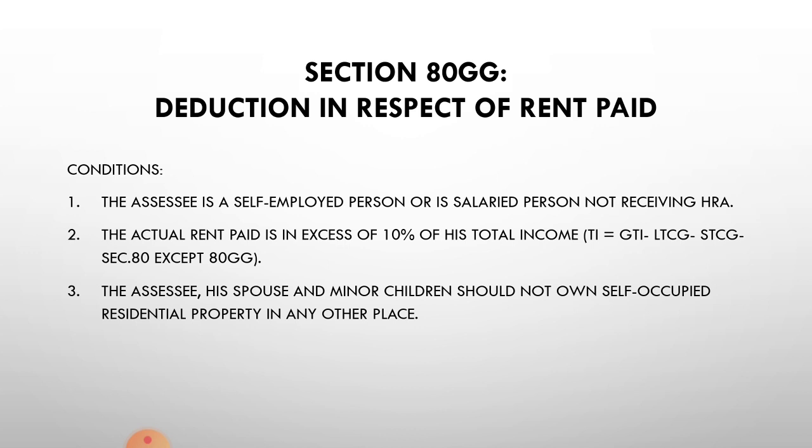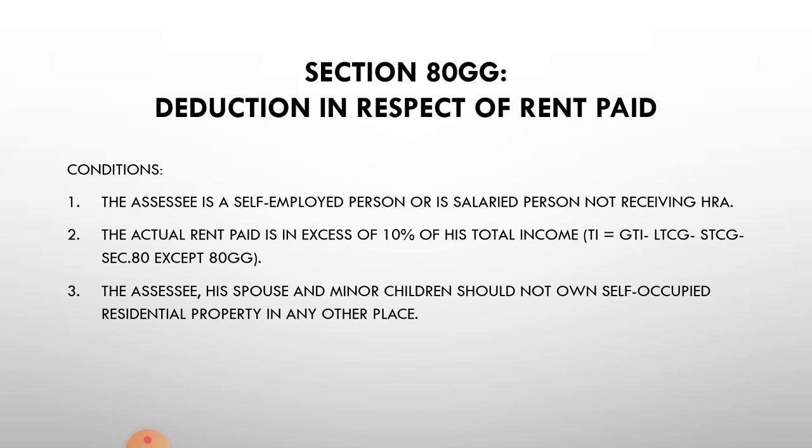The actual rent which he paid on his residential house property should exceed 10% of his total income. Here total income means adjusted total income. We already calculated adjusted total income under section 80G. The same rule applies here also.